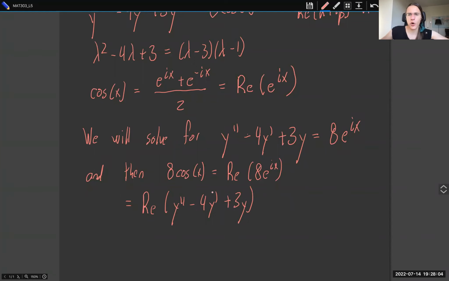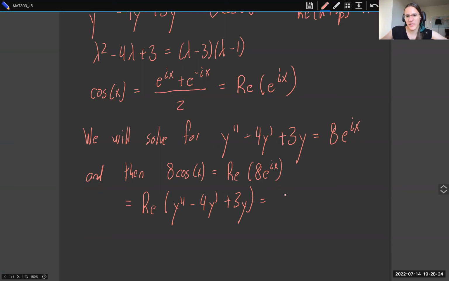And the key is that the coefficients of this equation are real. So the real part distributes over addition, and you can take real multiples out of it. And then it also commutes with differentiation.